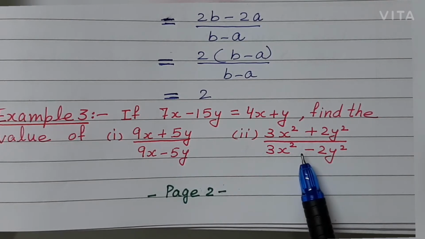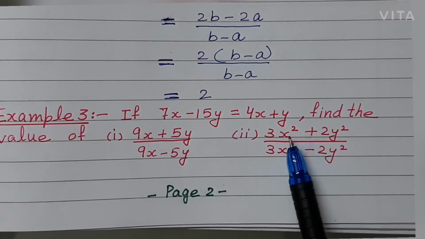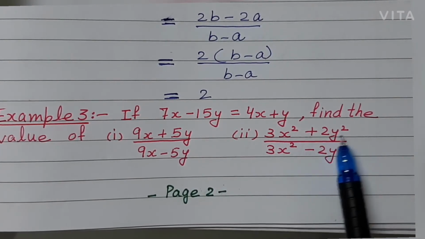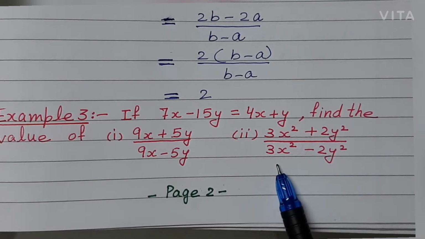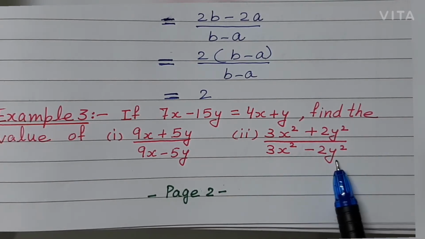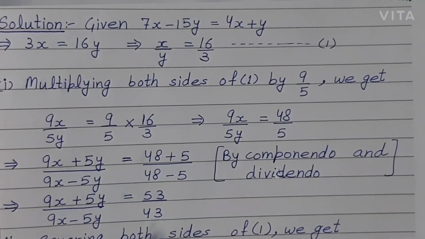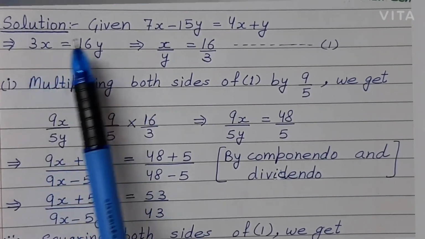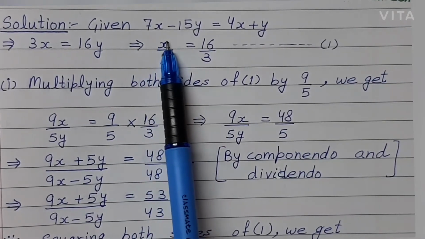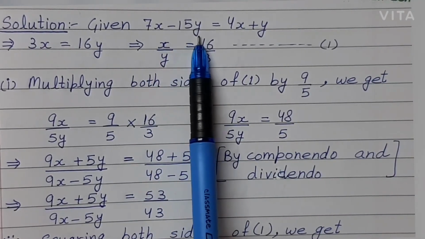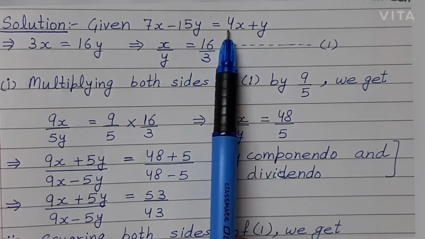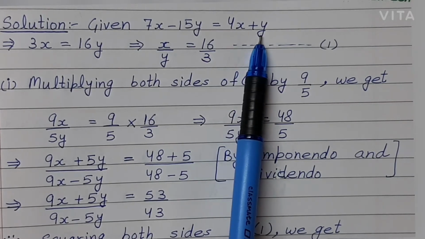And the second part is (3x square plus 2y square) upon (3x square minus 2y square). So here the solution is given: 7x minus 15y is equal to 4x plus y.